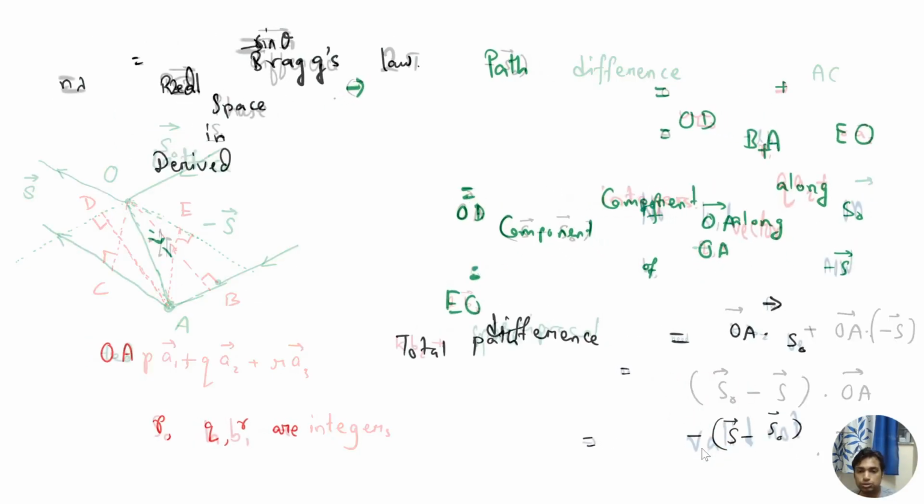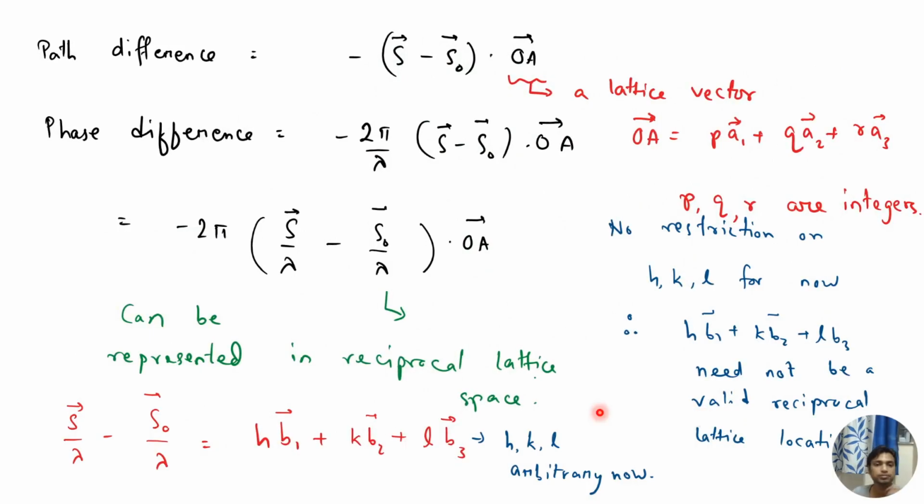Okay. So what you have now is the path difference is minus S vector minus S naught vector dot OA vector. So this OA vector is a lattice vector, and since it is a lattice vector, it can be represented as a linear combination of A1, A2 and A3, which are the real space unit vectors, and these P, Q, R have to be integers.